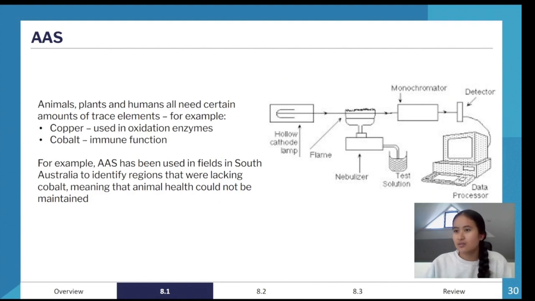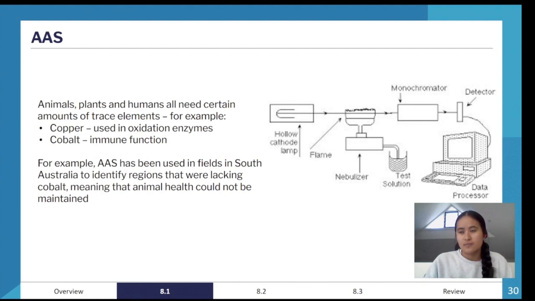That's what it looks like. So you've got the hollow cathode lamp, you've got the vaporized substance, you've got the monochromator and the detector, and then the computer, which does all the data processing. Okay, and then an example of where it's been used is in South Australia to identify regions that were lacking in cobalt.